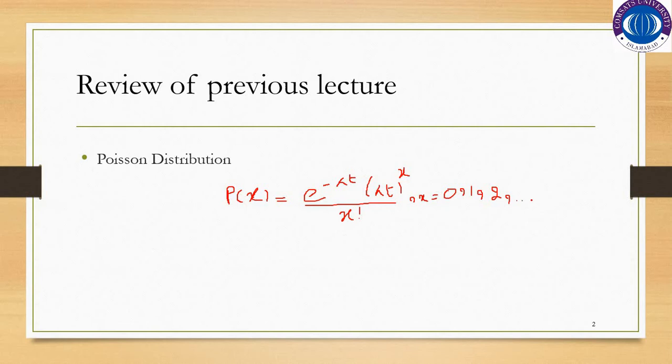So this is the probability mass function of Poisson distribution depending on some specific time or the region of the opportunity.